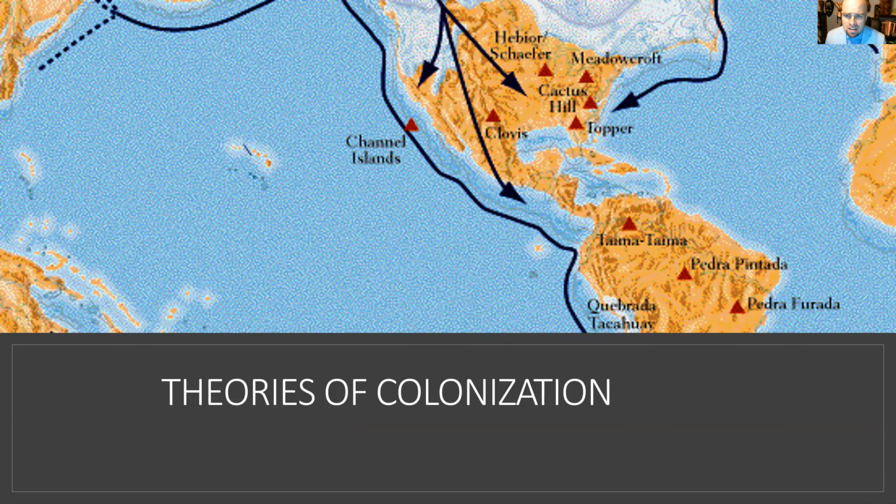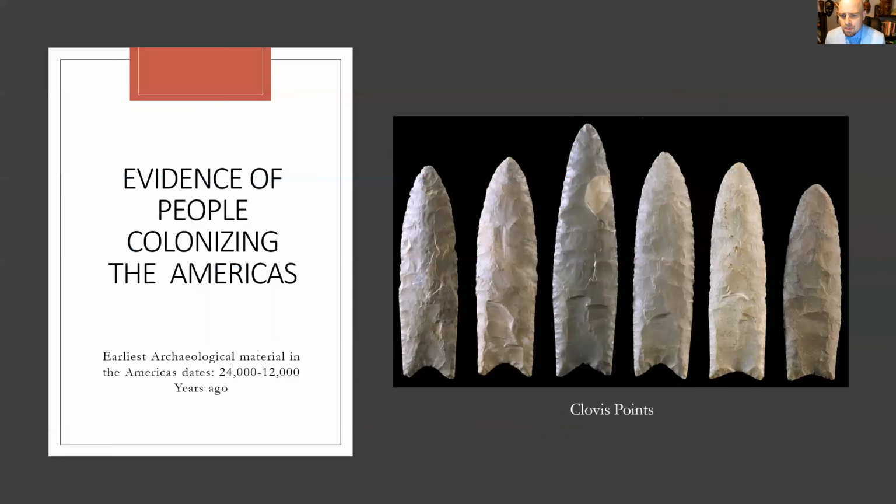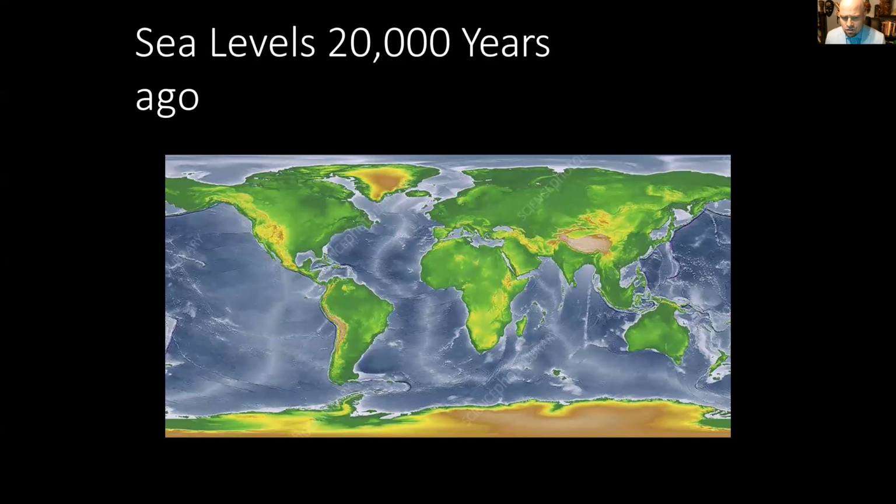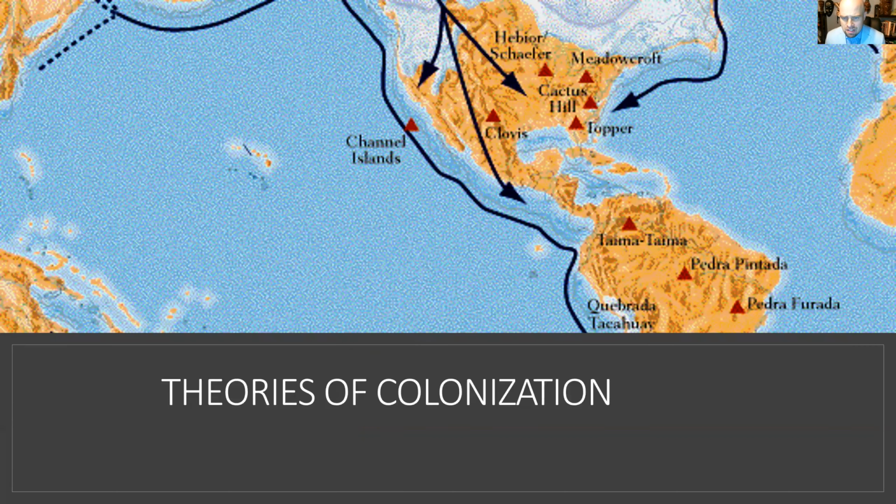And there are multiple ideas of how they came. It's believed that they crossed a natural land bridge called Beringia, but there are debates about whether they went along the coast to rapidly populate the Americas or they went through an ice-free corridor.